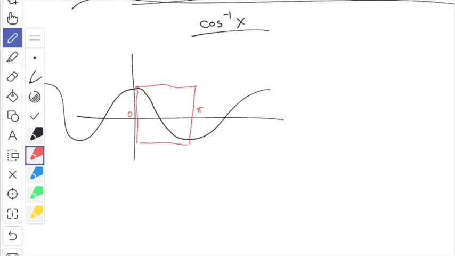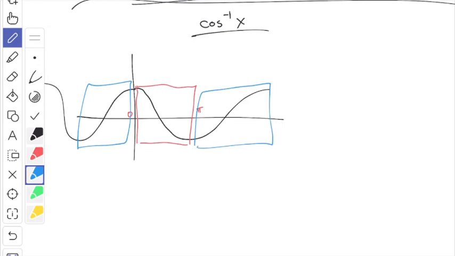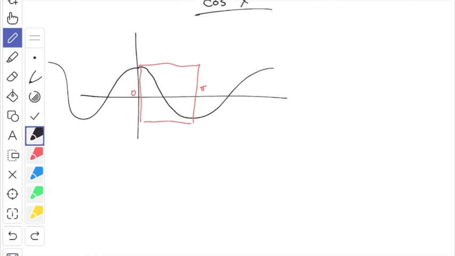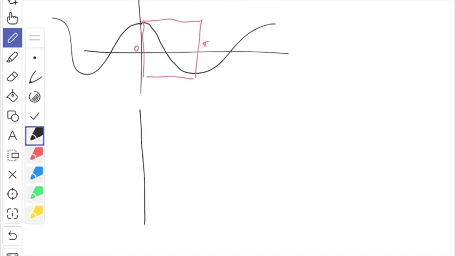Now, this is not the only way you could have done it, although this, to me at least, seems the most natural way to do it. Of course, you could have, say, chosen that box over there to the left, or you could even choose this box over here for some reason. But the first one, the one that she said, is the most natural one to use. So, let me just redraw this and zoom in on that part.